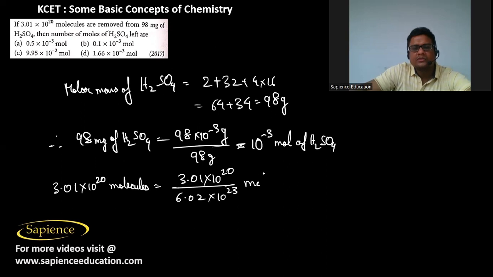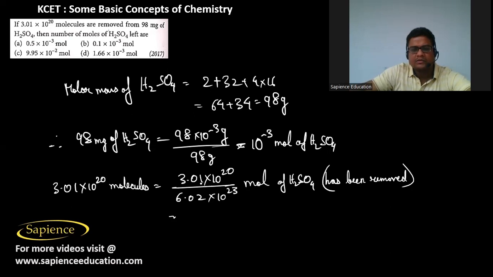So this much mole of H2SO4 has been removed. This value is approximately 3.01 into 2 is 6.02, so it is half into 10 power minus 3, which is approximately 0.5 into 10 power minus 3 mole that has been removed.